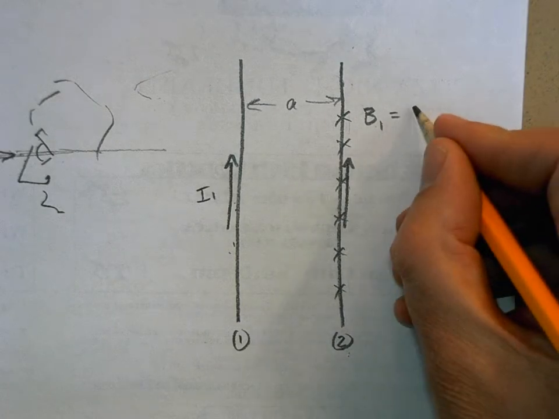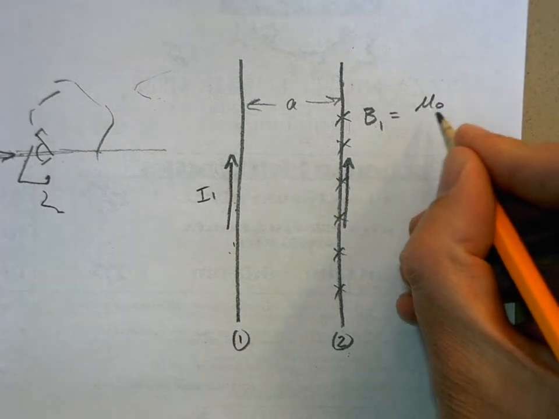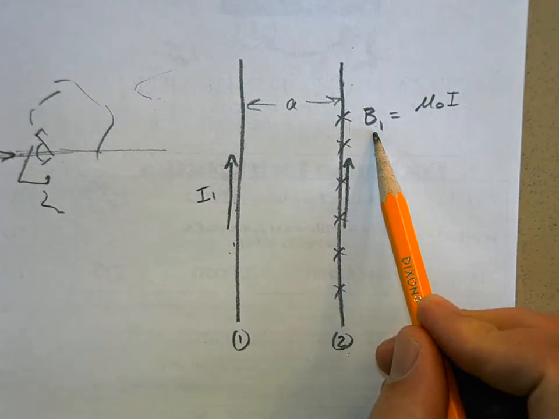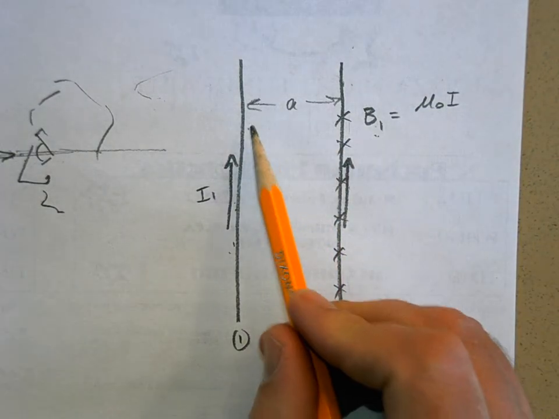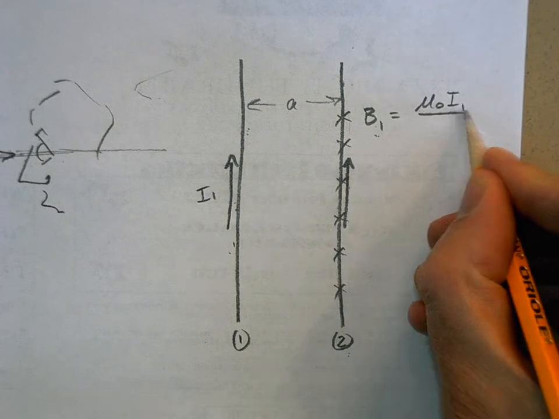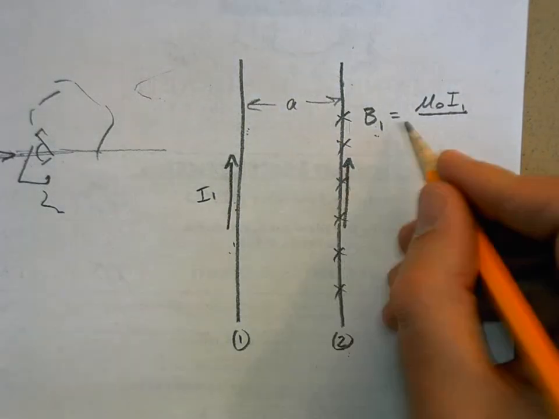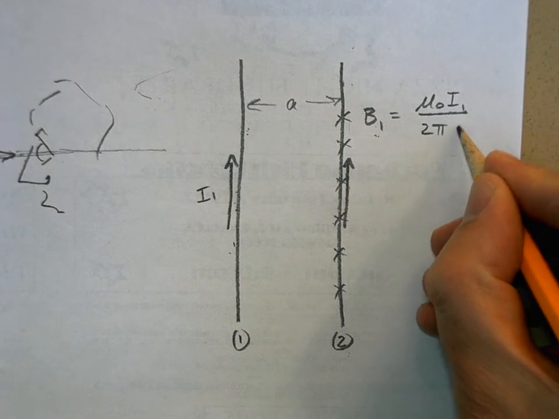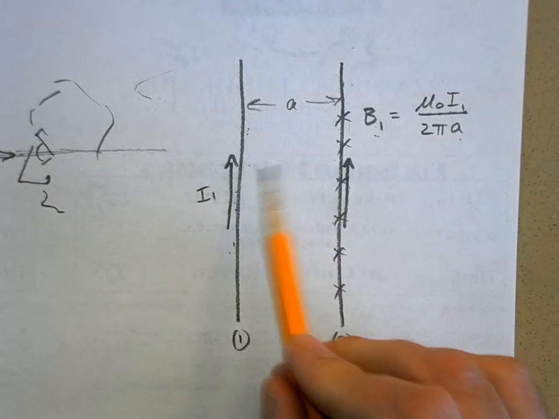It's equal to mu naught I, but which I is causing this magnetic field? I1 or I2? I1, over 2 pi A, where A is the distance between the two wires.